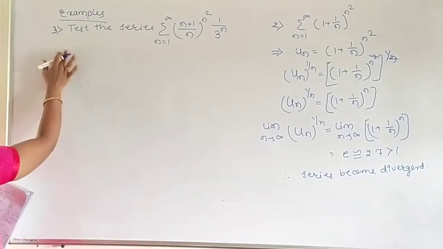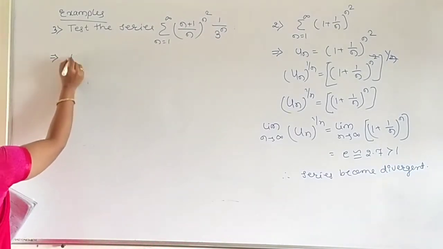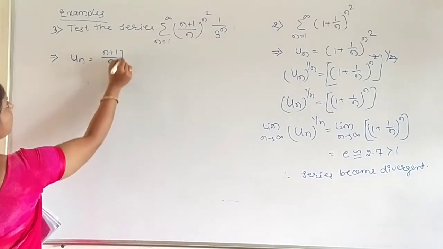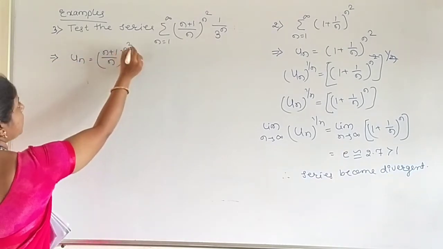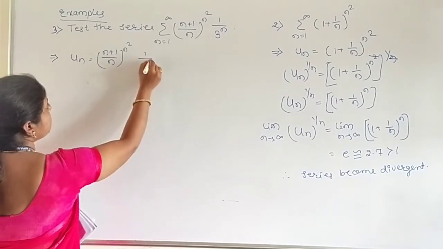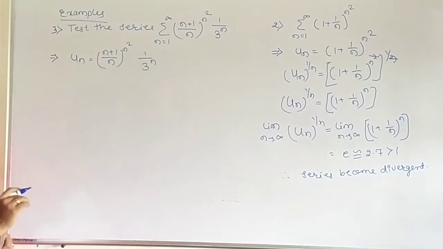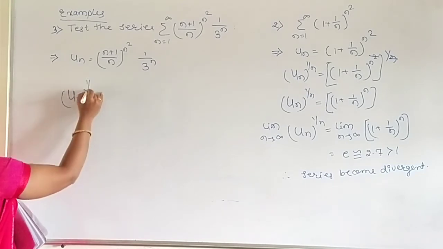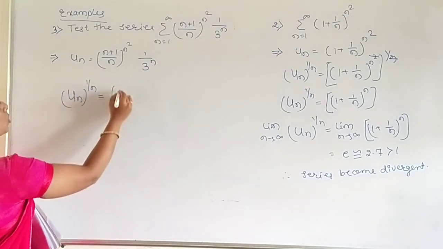Again you have to consider un equal to (n plus 1) divided by n to the power n square, times 1 divided by 3 raised to n. For this you have to apply the power 1 by n on both sides.